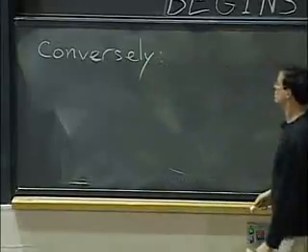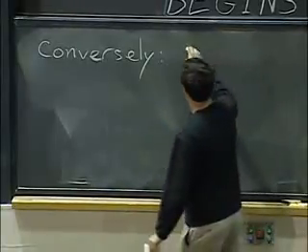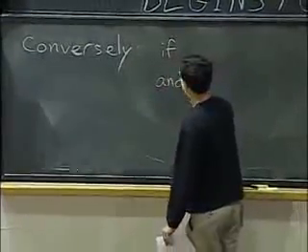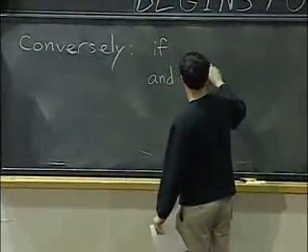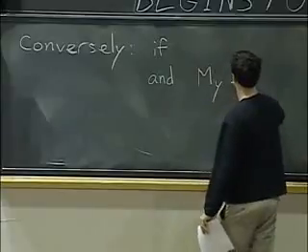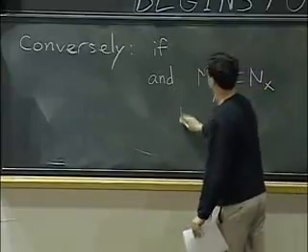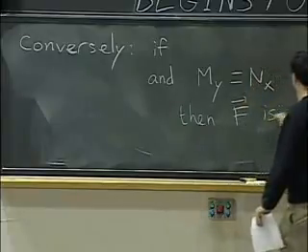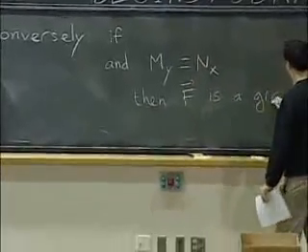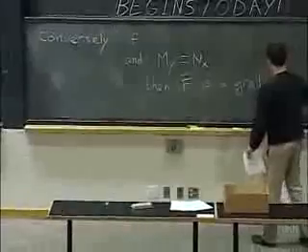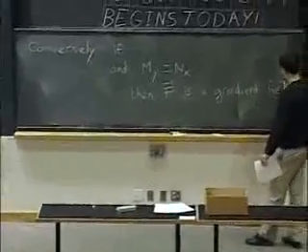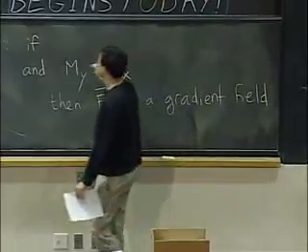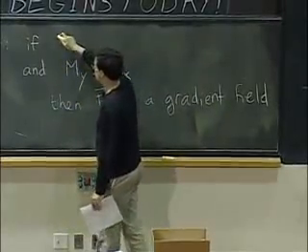Okay, so conversely, I'm going to put here a condition: if M sub y equals N sub x, then F is a gradient field. What's the condition that I need to put here?